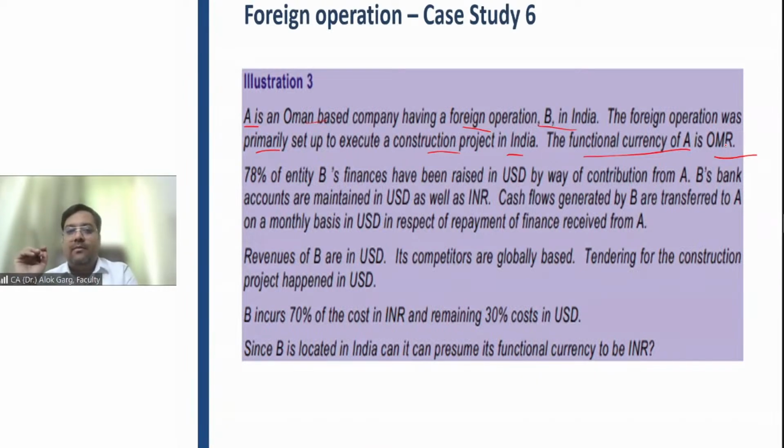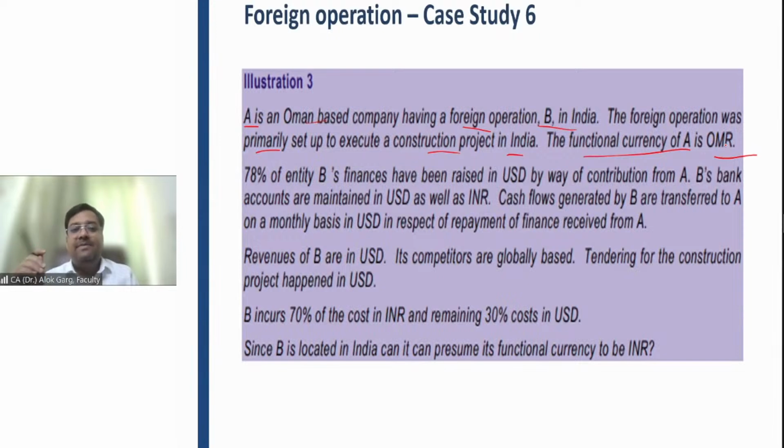Now, 78% of entity B's finances, which is an Indian entity, have been raised in US dollar by way of contribution from A. So basically, A has raised the funds in US dollar and remitted them to B for managing the finances.